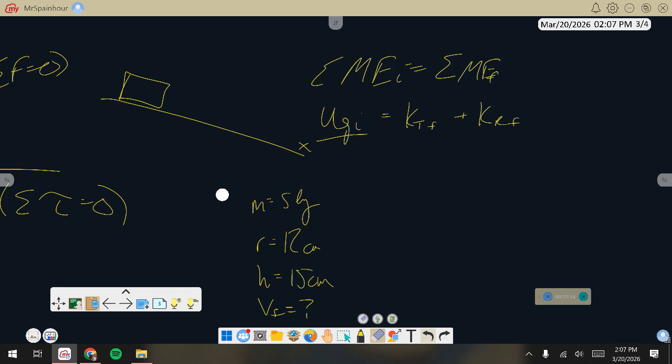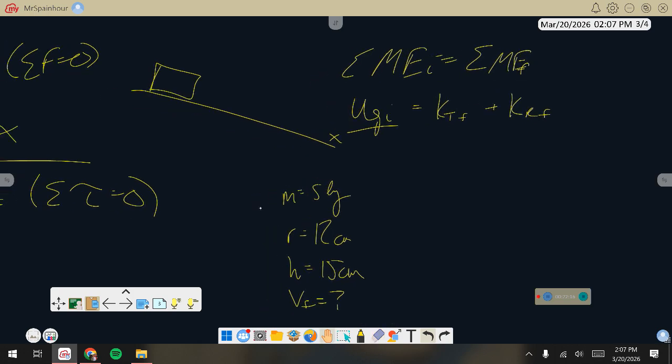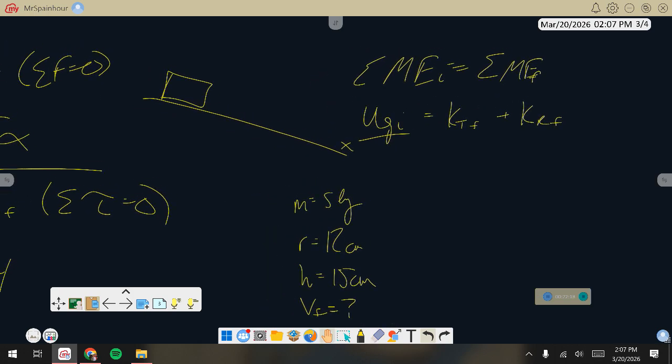The way you'll set up this problem is identical to how you would have previously: conservation of mechanical energy. The only thing that has changed is we now have a fourth version of mechanical energy in the form of rotational. So I'm going to fill in individual equations. What's the equation for gravitational? mgh, so I'm going to say mgh initial.